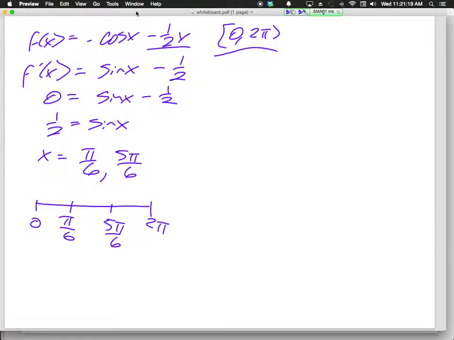So what is between 0 and 5 pi over 6? Pi over 2. What is sine of pi over 2? 1, and 1 minus 1/2 is positive. So I know this is positive, which means those two have to be negative. So when you can, use a quadrantal because they're easy numbers.